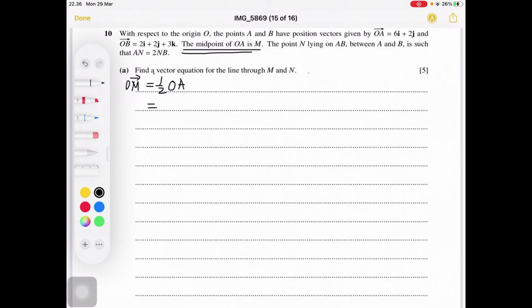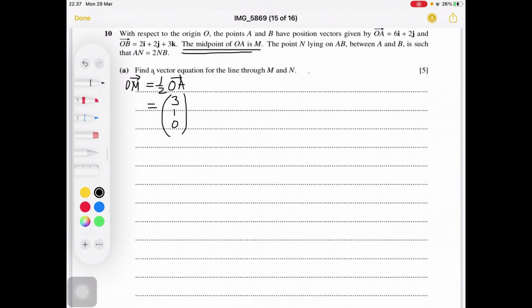Since OA is 6i plus 2j, then OM will be half of it. It is (3, 1, 0).